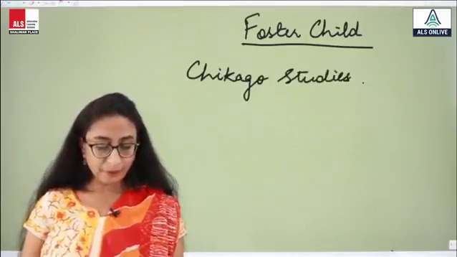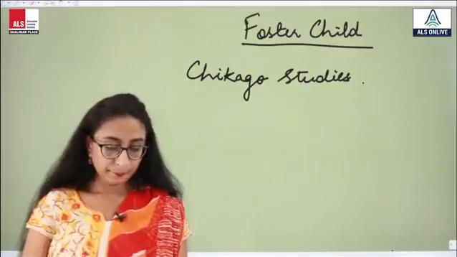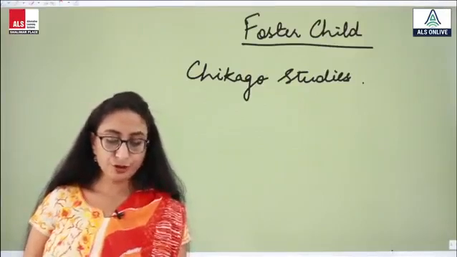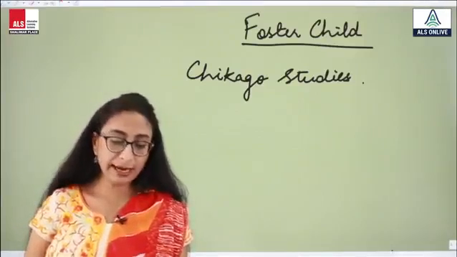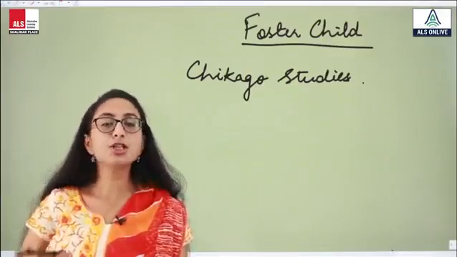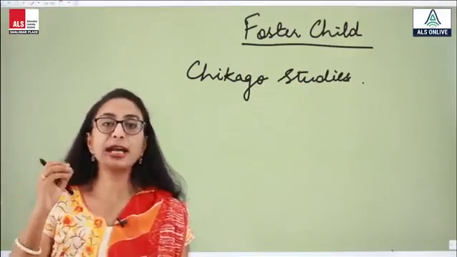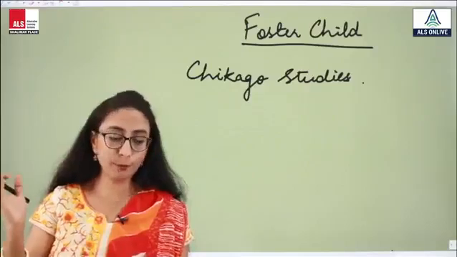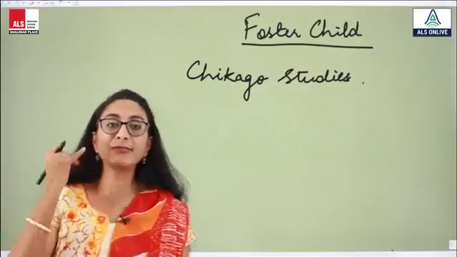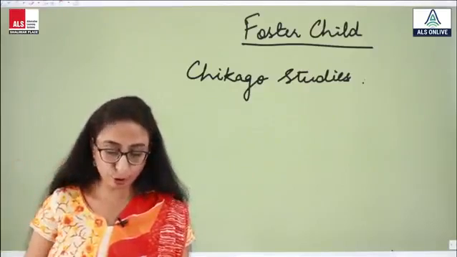In this study, groups of children were chosen randomly and they were placed into 3 different kinds of homes. First one is good homes, second one is average homes, and third one is poor homes.